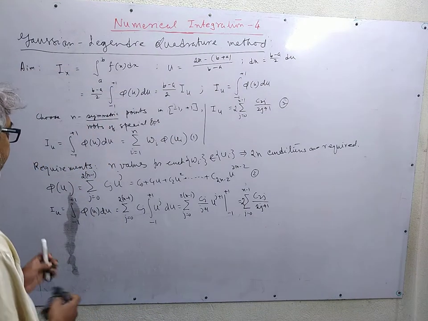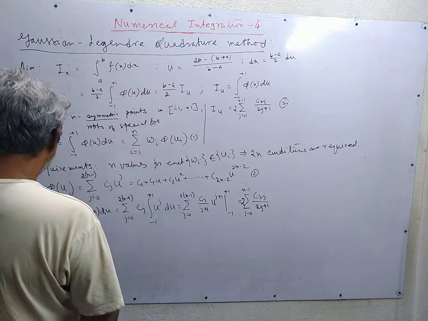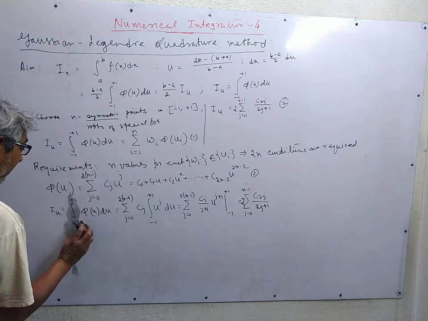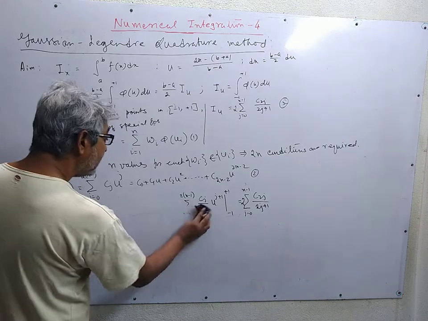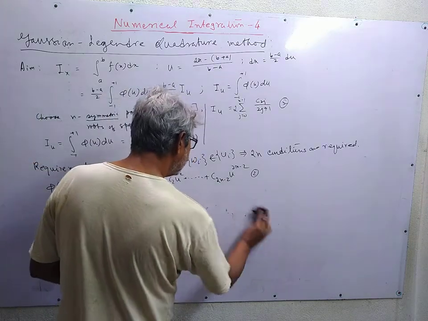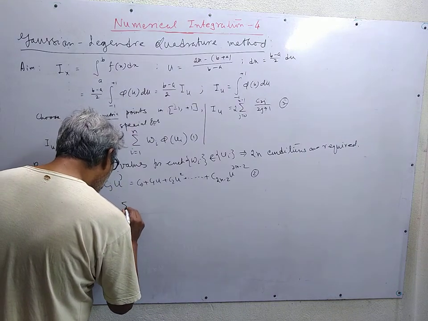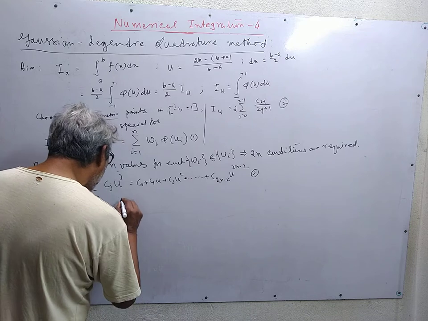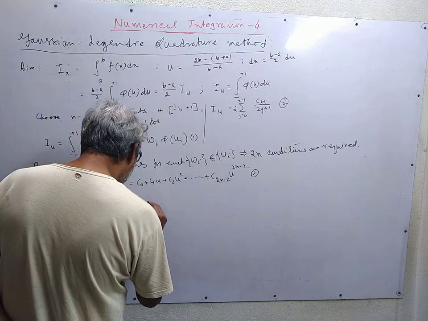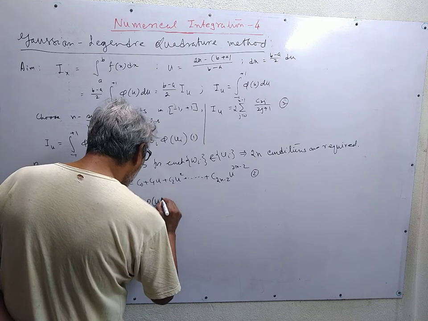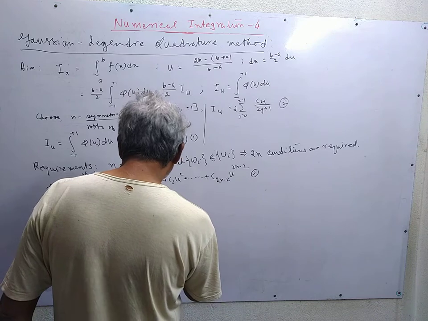If we write this as the representation, then we can write Iu in an alternative way. The alternative way of writing Iu is summation over i equal to 1 to n of wi phi of ui, and for phi of ui you use equation 2.